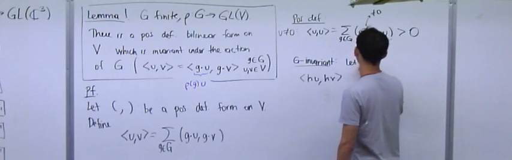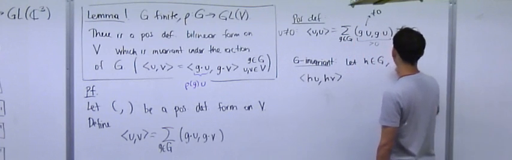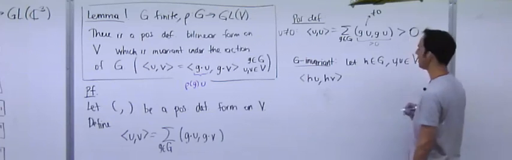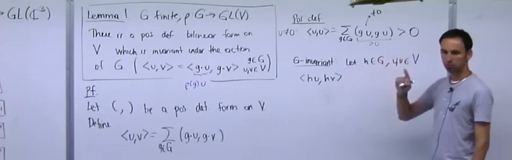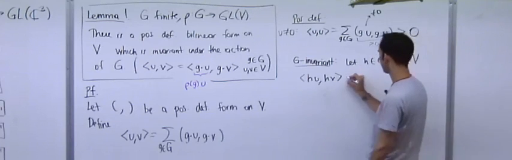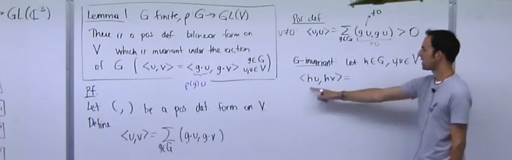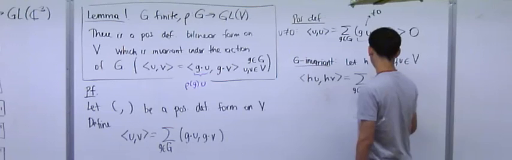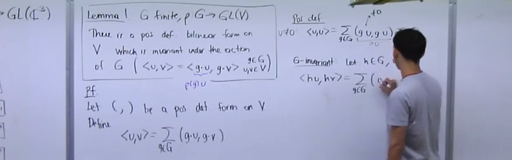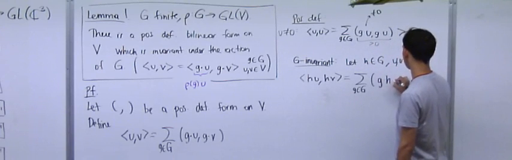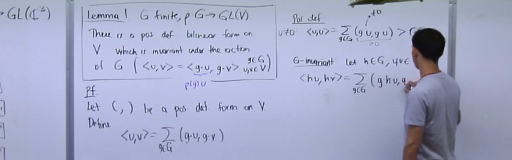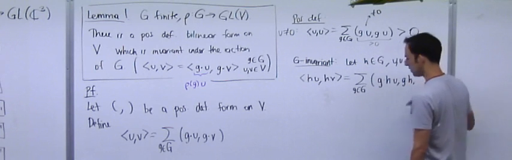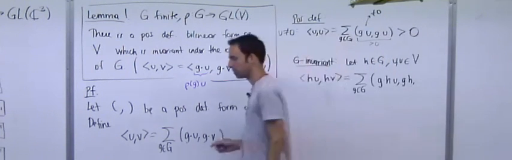So let H be some group element, and U and V in V. I'm supposed to prove to you that this is equal to U, comma, V. Okay? So what is this? By definition, this is the summation over elements of the group of G times H times U, comma, G times H times V.